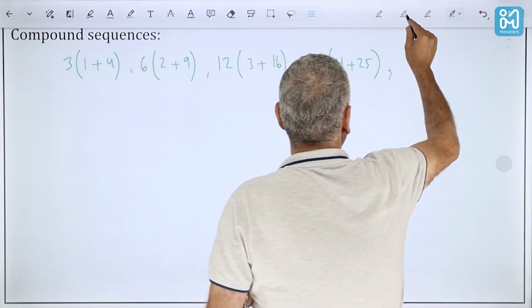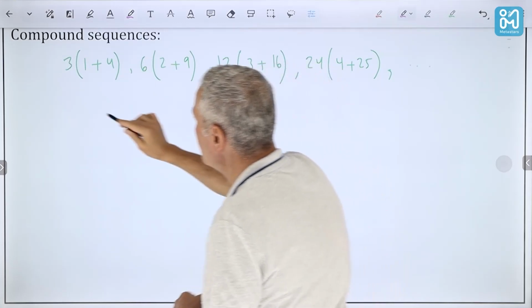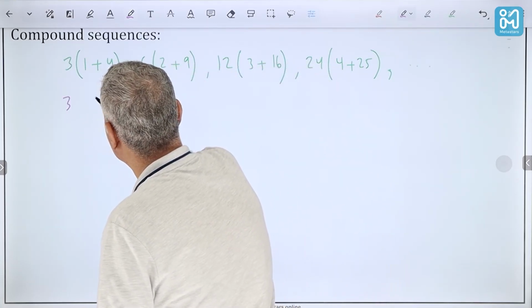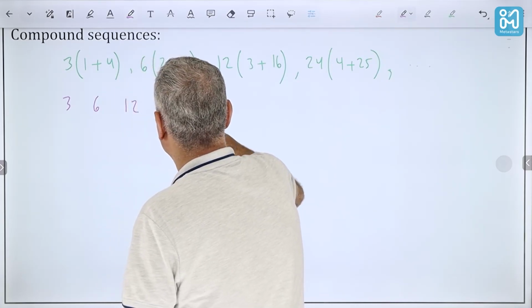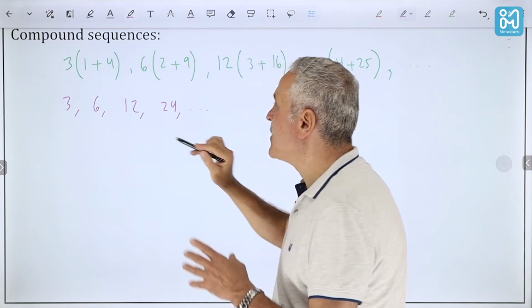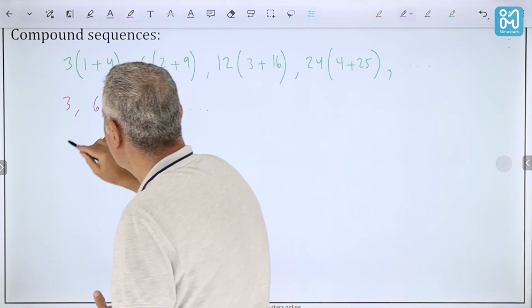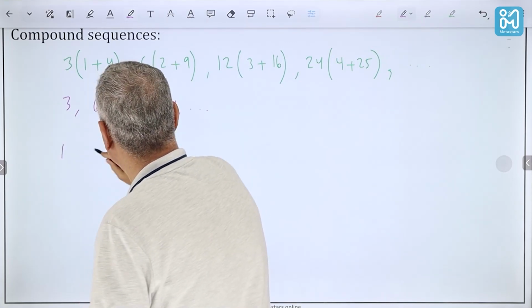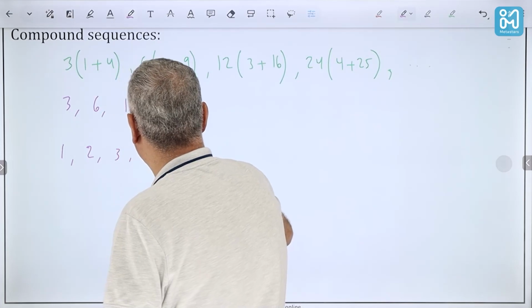Now, you would notice that this is made of a number in front of a bracket every time. So you have that 3, 6, 12, 24. These are the numbers in front of the brackets. So you take this as one sequence. And you take 1, the first number in each bracket, 2, 3, 4.